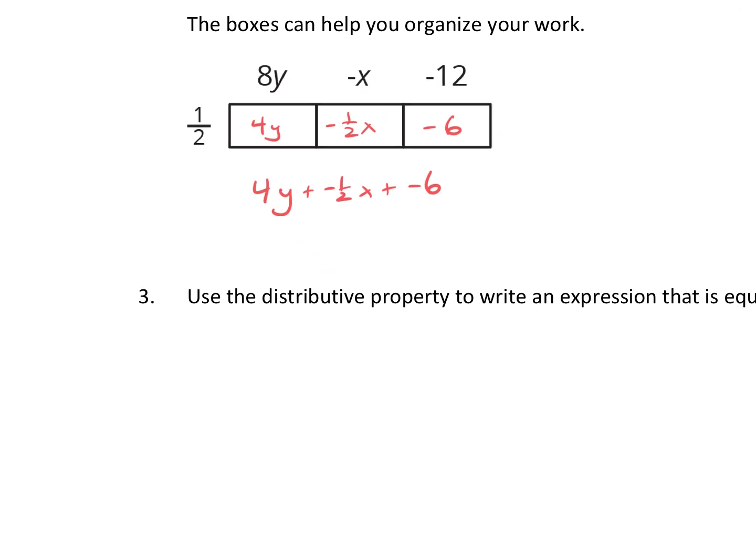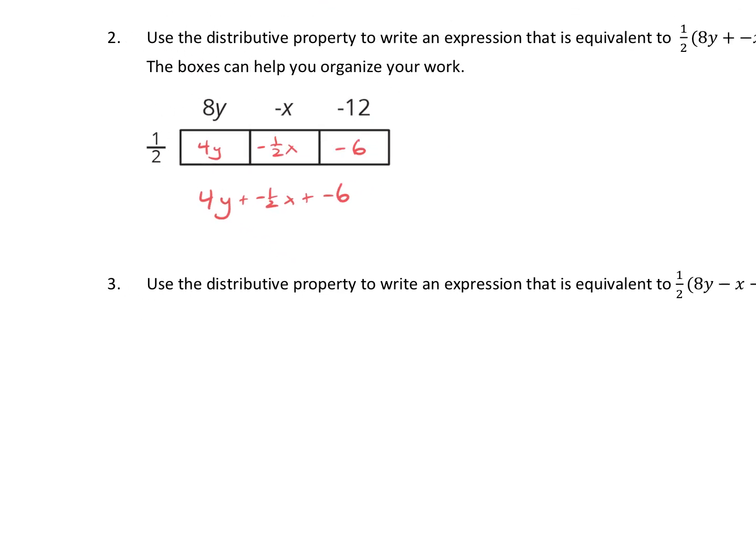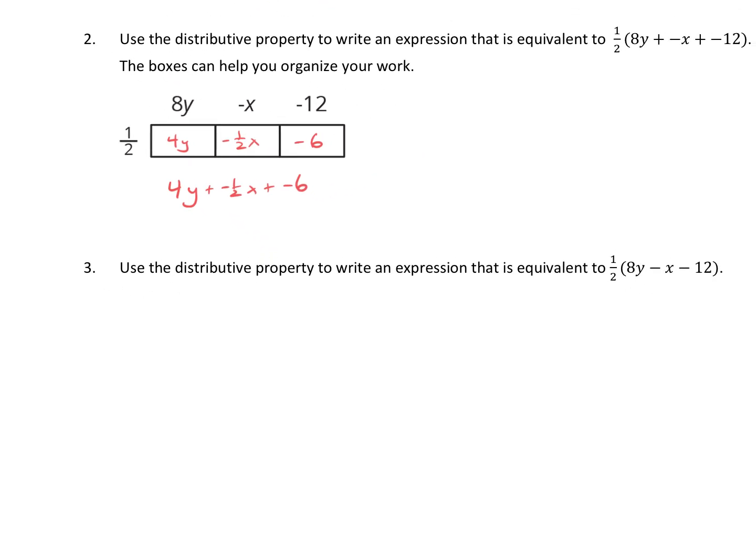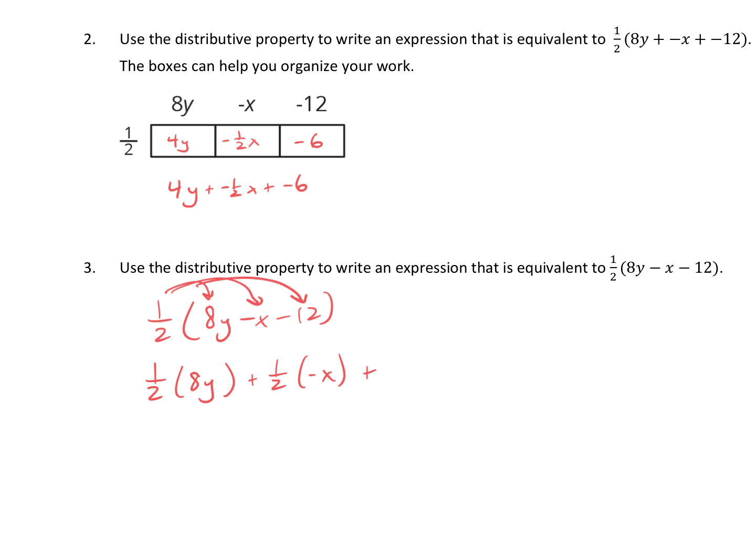Now, question 3 has us doing the same thing, but using the distributive property. And if you recall, last year you learned that the distributive property tells us you can pass out what's in front of the parentheses to everything inside through multiplication. So this becomes 1/2 times 8y plus 1/2 times negative x plus 1/2 times negative 12.